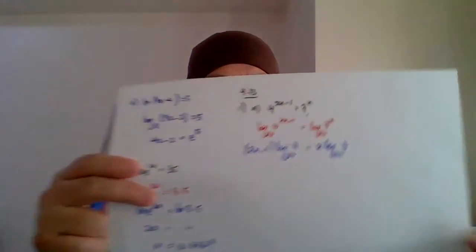Don't forget, because the power involves the operation 2x minus 1, we must put a bracket. But on the right side there's no operation on the power, so just put x. Like this, this is the second step.